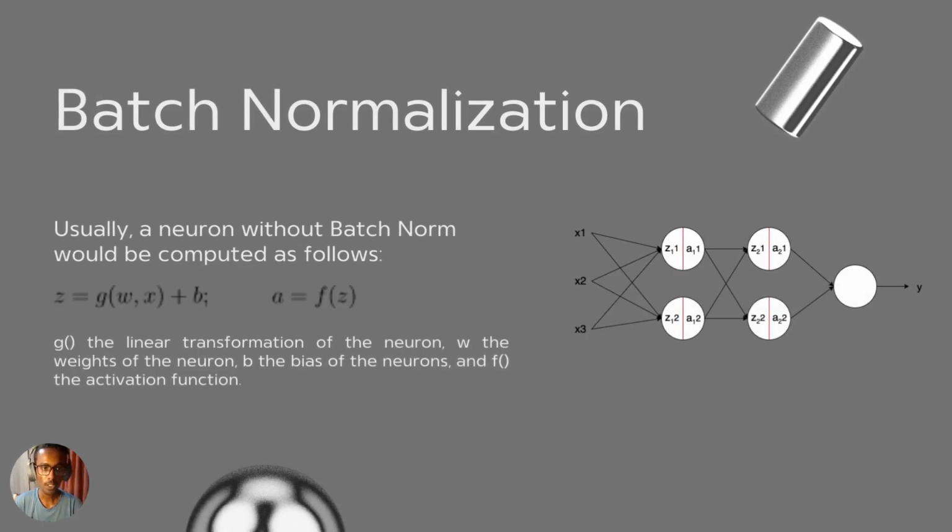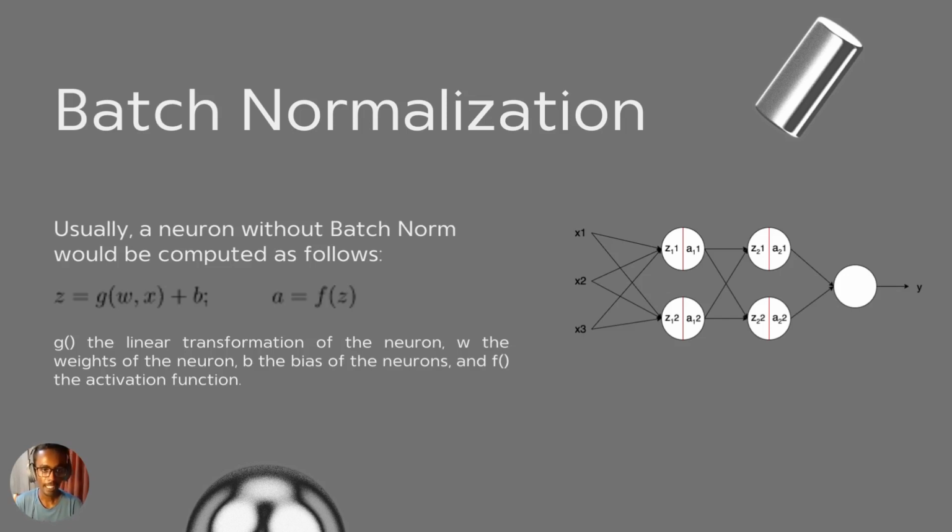So usually, without batch norm, a neuron in a neural network uses weights and the input features, and then we add the bias, z equals Wx plus b.